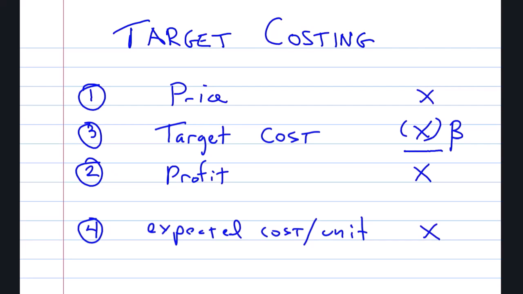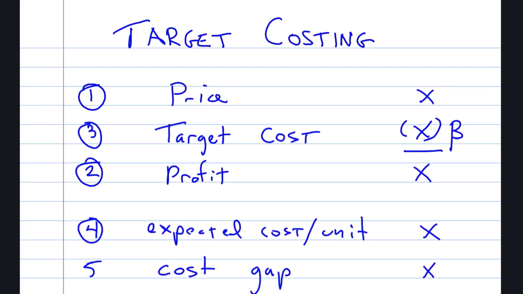And once we understand the expected cost per unit, we could then calculate a cost gap. And that would be the difference between the target cost and the expected cost per unit. And that becomes a cost reduction target for the production department.